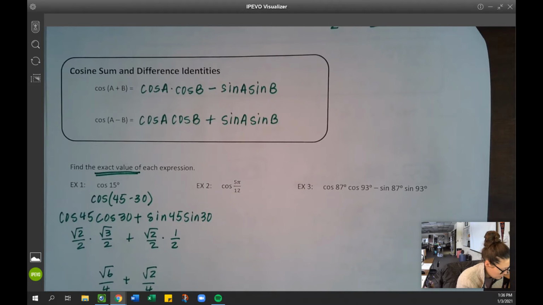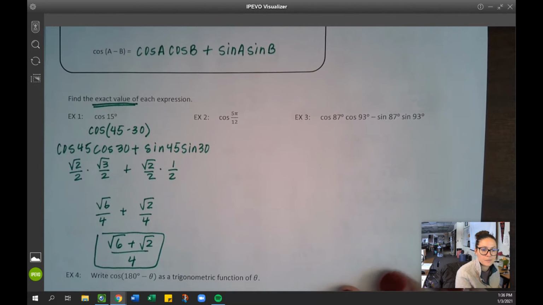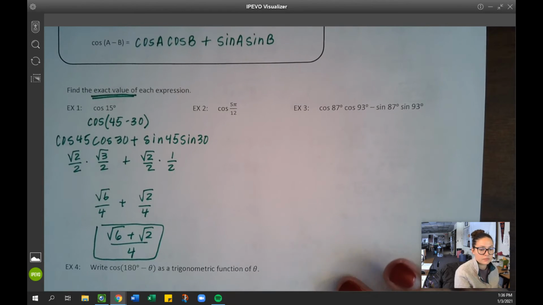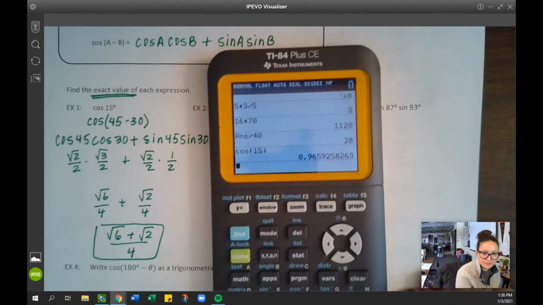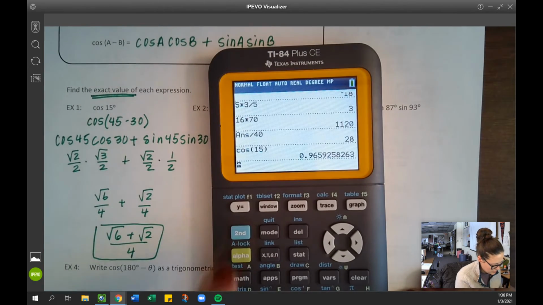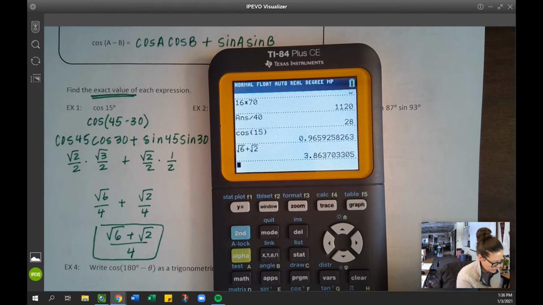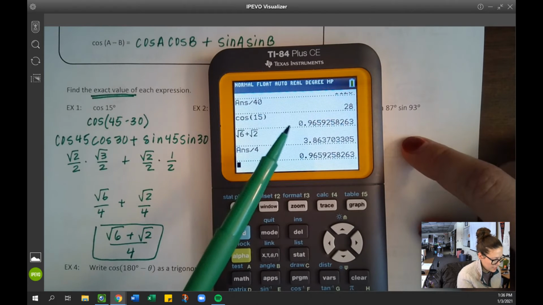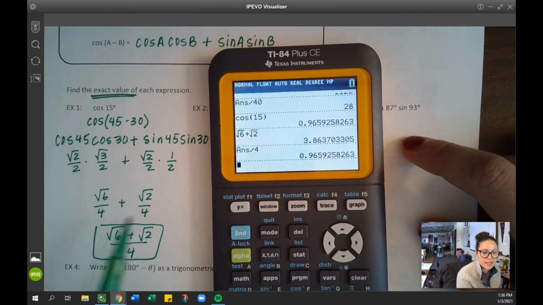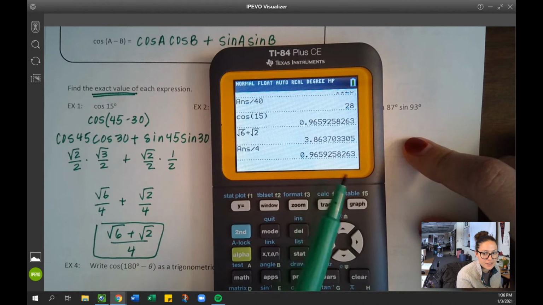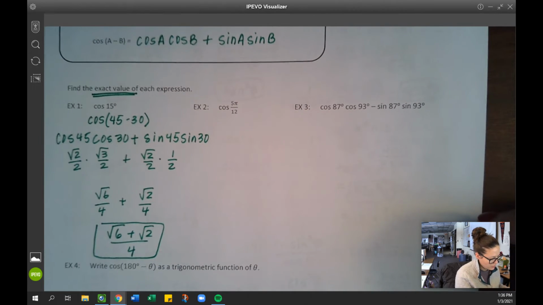So then I would simplify it into one fraction like this. Now let's just see, if I do the square root of 6 plus the square root of 2 divided by 4, you can see that those two values are indeed equivalent. So this is the exact value, not the decimal approximation. All right.